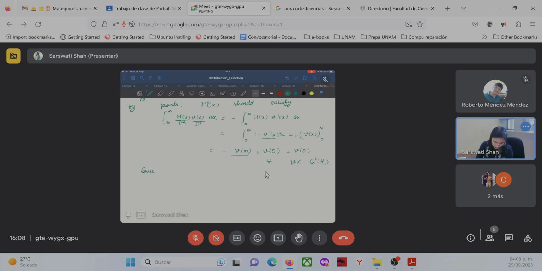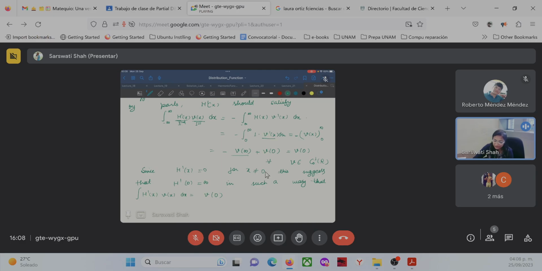Since h dash x equals 0 for x not equal to 0, this suggests that h dash 0 should be infinite, and that is also the derivative of the delta function, in such a way that integration of h dash x v x dx equals v0.